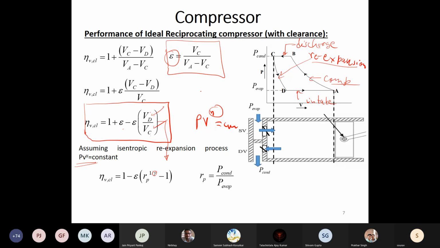So pressure at C is PC, the condenser pressure, and pressure at D is P evaporator. So the pressure ratio is PC over PE, greater than 1. Finally, what we get is an expression which involves your clearance ratio, your pressure ratio, and of course some information about the process.